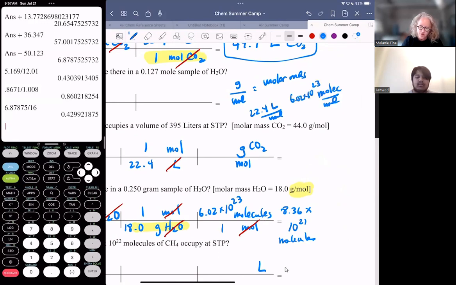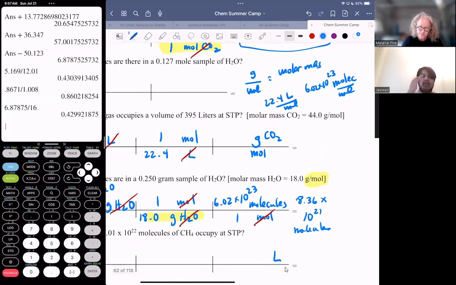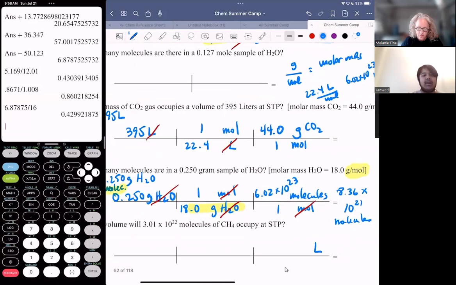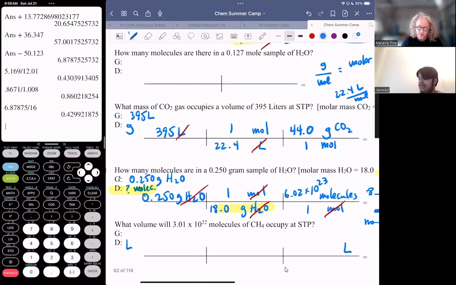Which one of these three conversions do you need here? The mass, yeah. So I would put 44.0 and then 1 on the bottom. That's your problem.